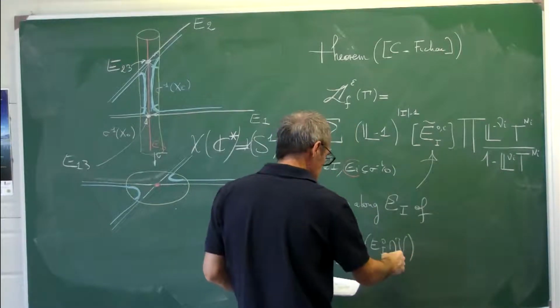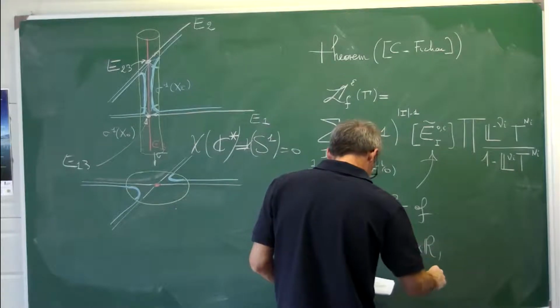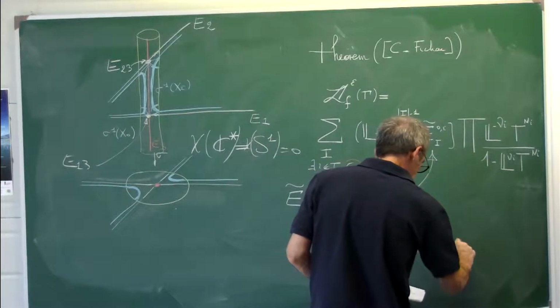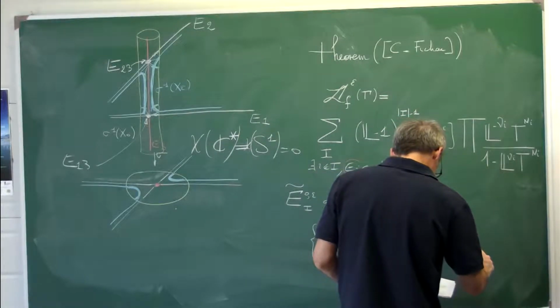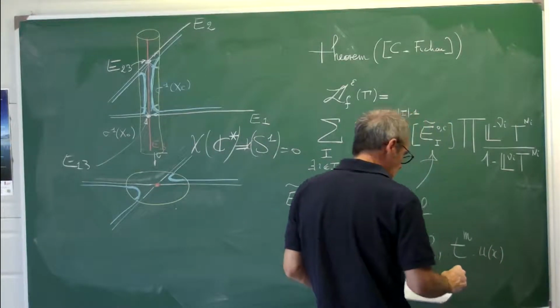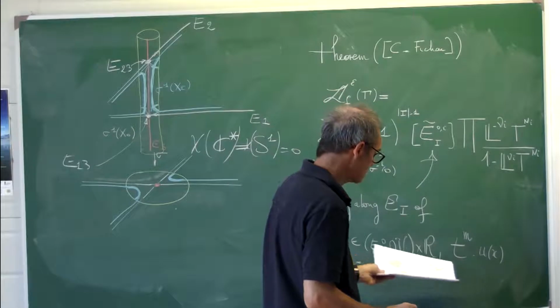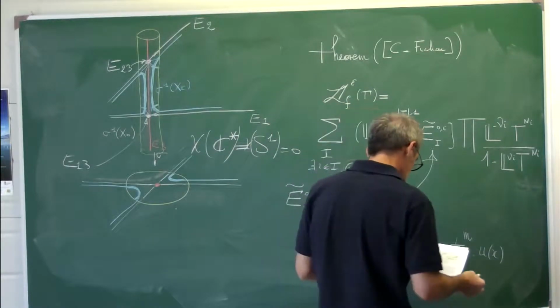So here I am in some chart. t is a variable in R, and I consider t^m, m being the GCD of the N_i, multiplied by the unit appearing in the normal crossing expression of f composed with sigma along E_I.